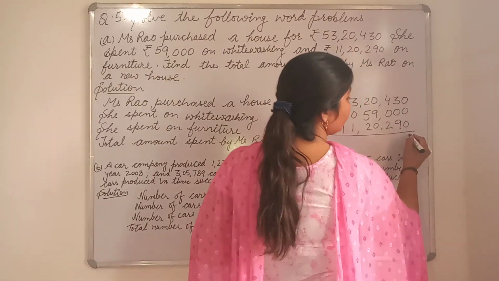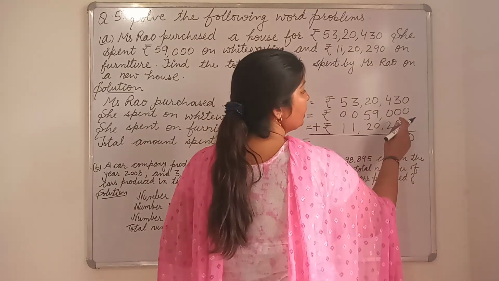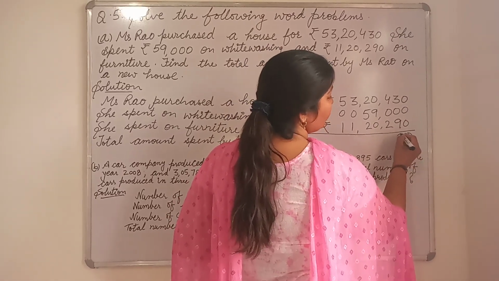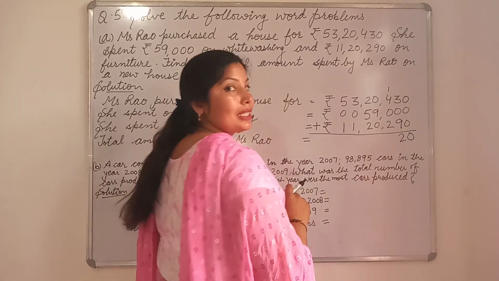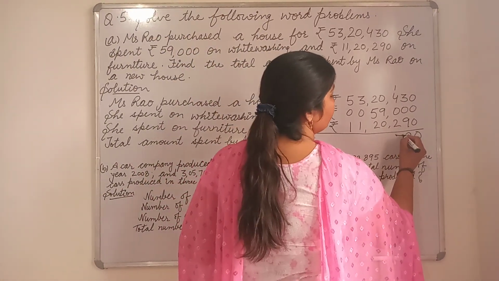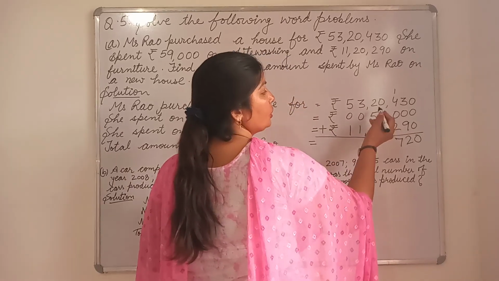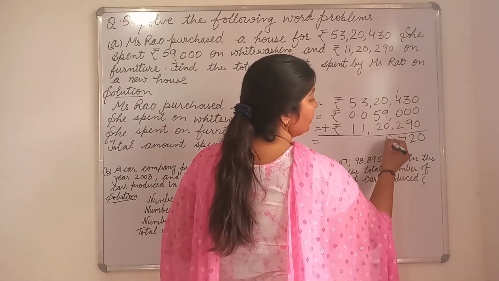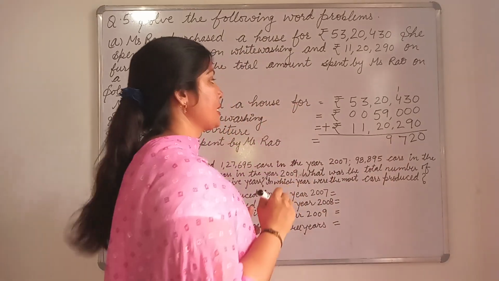0 0 0. Now 9 plus 3, 12. 12 plus 0, 12. So we write here 2 and 1 goes carry. 4 plus 1, 5. 5 plus 2, 7. Now next 9 plus 0, 9. 9 plus 0, 9. Any number plus 0, then number itself.